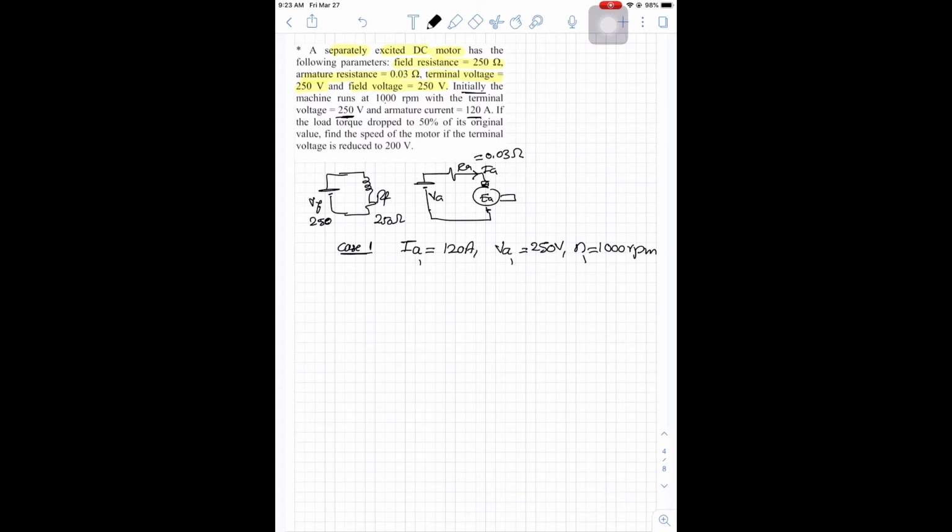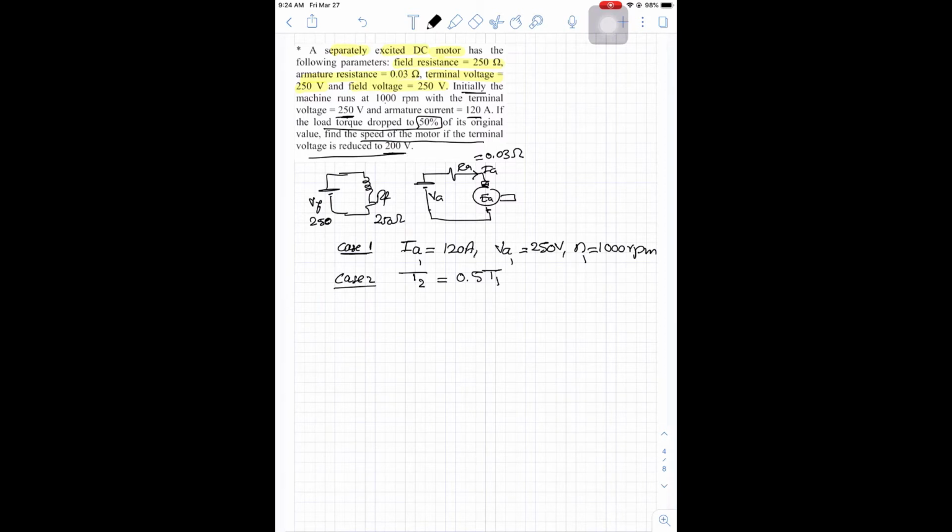Then what happened? The load torque dropped to 50% of its original value. So we have case 2. In case 2, T2 equal to 0.5 T1. The torque dropped by 50%. And we need to find the speed of the motor if the terminal voltage changed to 200.